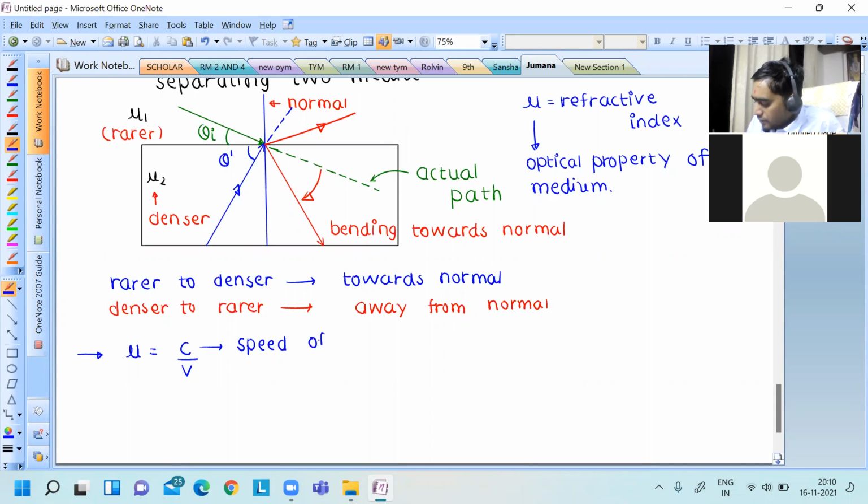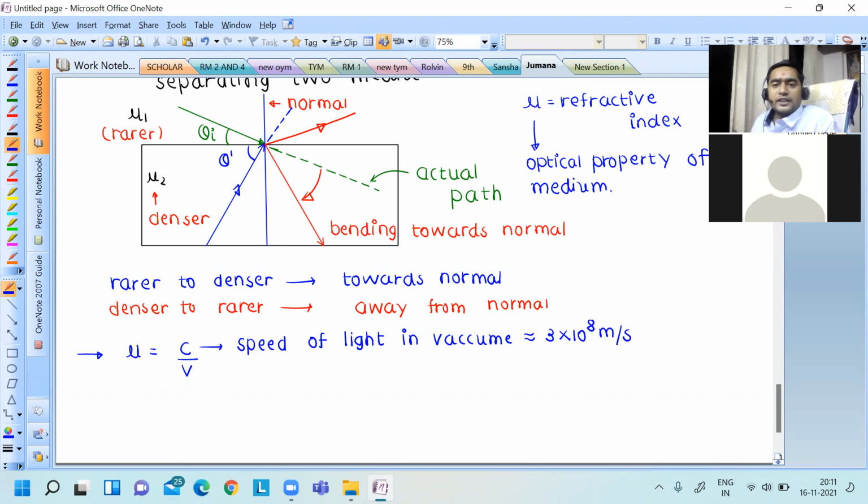Sir, sorry, could you repeat? My internet is lagging a lot. Of course, dear. Now see, the formula for the refractive index is actually C over V. C is the speed of light in vacuum, which is nearly equal to 3 lakh kilometers per second. So we mainly use 3 times 10 to the power 8 meters per second.